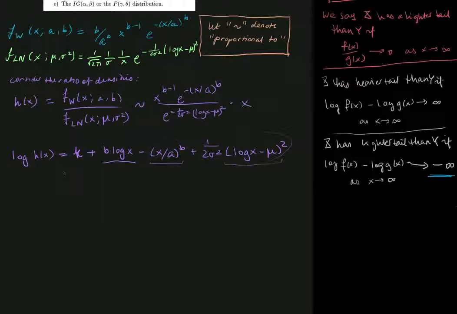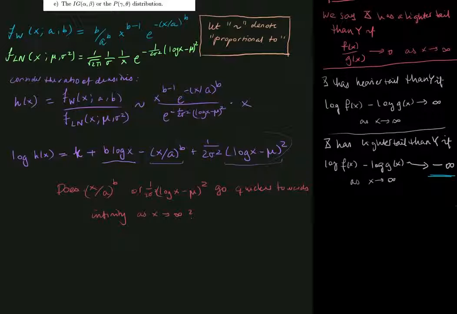So what I want to ask is, does x over a to the b or log x minus mu squared, or actually I also have the 1 over 2 sigma squared here, go quicker towards infinity as x grows towards infinity?